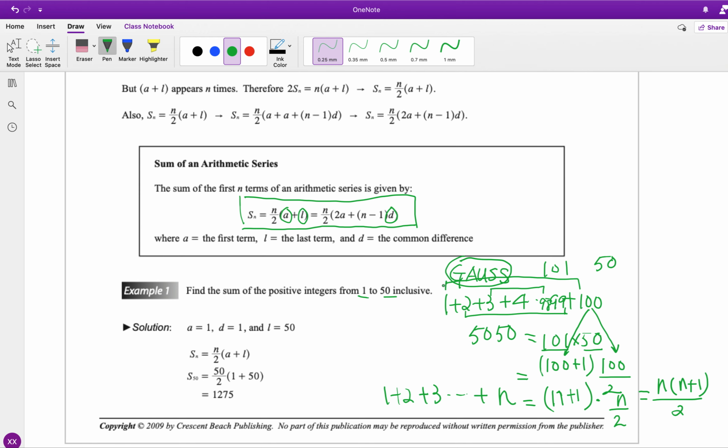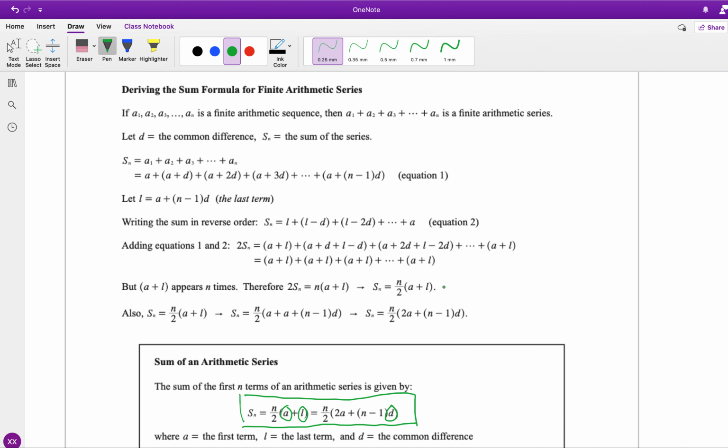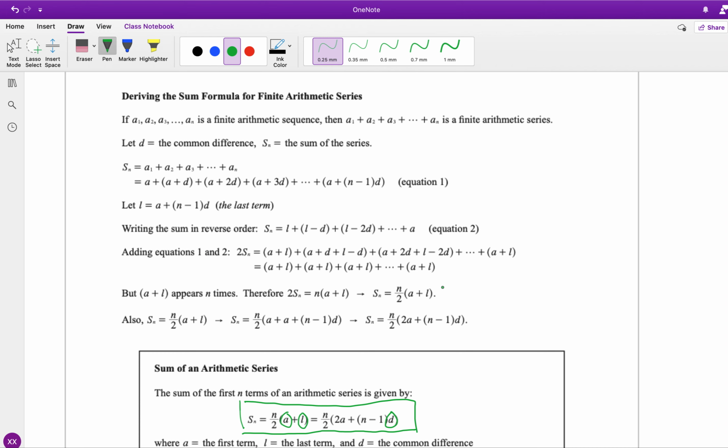All right, now let's take a look at how we can prove our series formula. We have a1 plus a2 plus a3, all the way to an. We can rewrite it: a1 is just a, so a2 is a plus d, and a3 is a plus 2d.